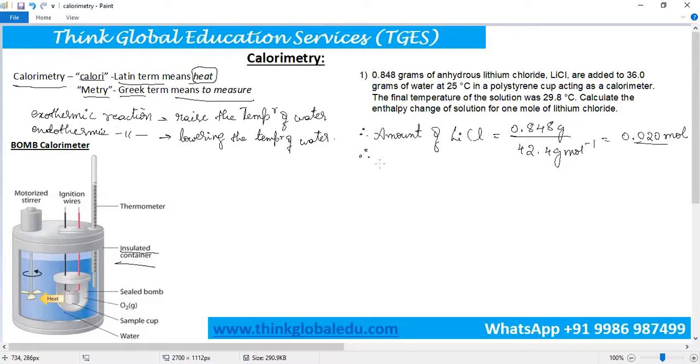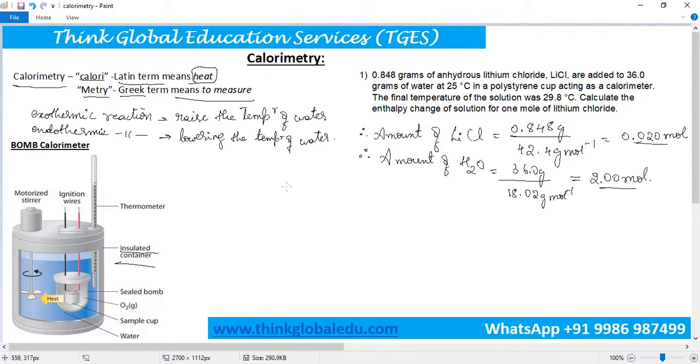And the next reactant is the water. Therefore, amount of water will be equal to 36.0 gram divided by 18.02 gram per mole, which will be equal to 2.00 mole.